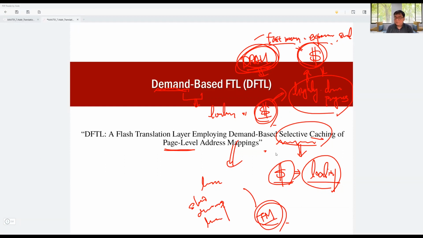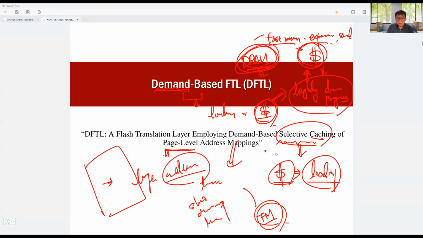So main idea of this paper is that we can use the page level mapping, but what is the disadvantage? What is the disadvantage of page mapping? The disadvantage is that the large address mapping table. But we know that all information inside of this address translation table is not used.